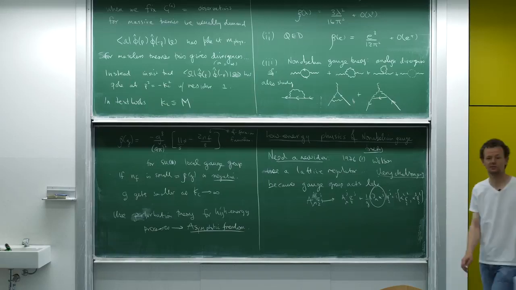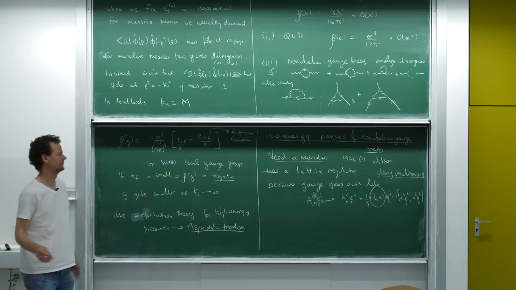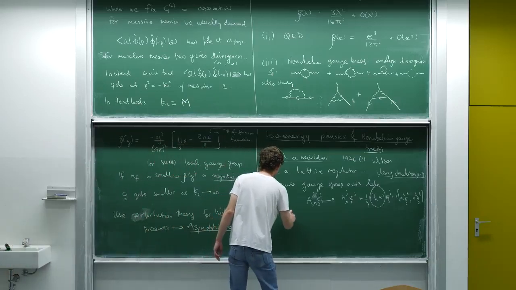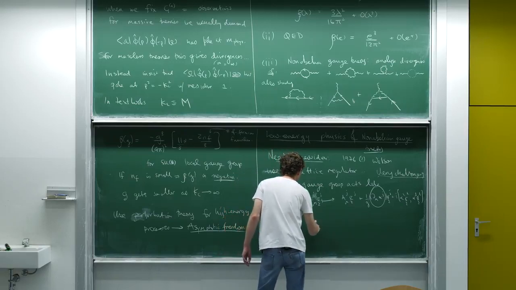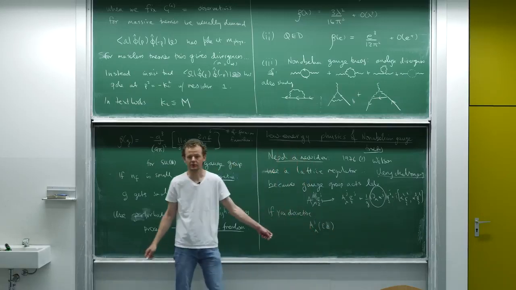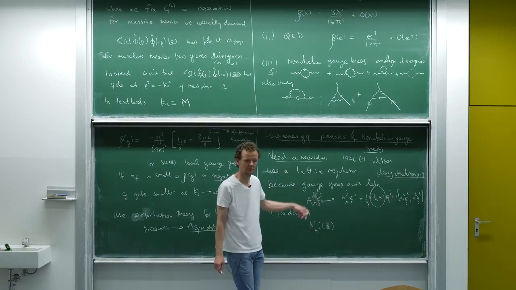So if you discretize this gauge field onto a lattice, then what is to become of this transformation here?